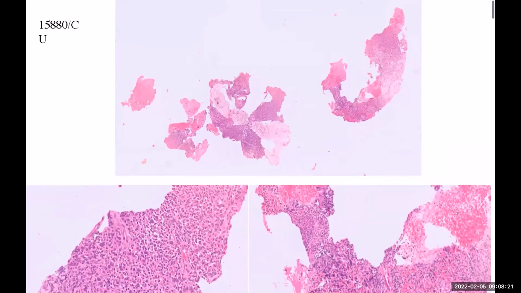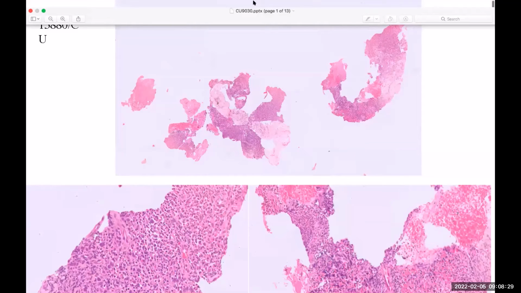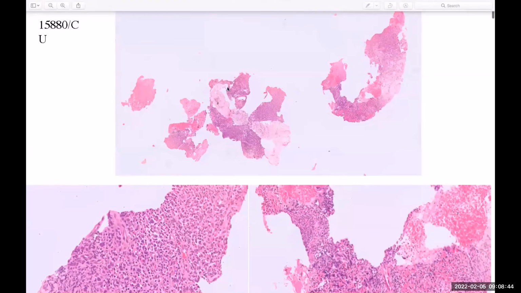Many times, differentiating a thymic neoplasm like thymoma or thymic carcinoma from a Hodgkin lymphoma or a PMBCL will be difficult, and clinically we cannot always differentiate a primary thymic neoplasm.